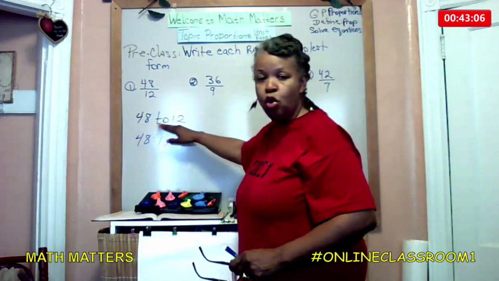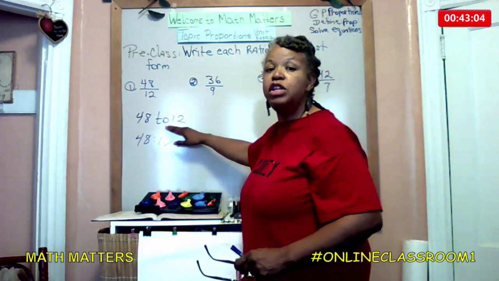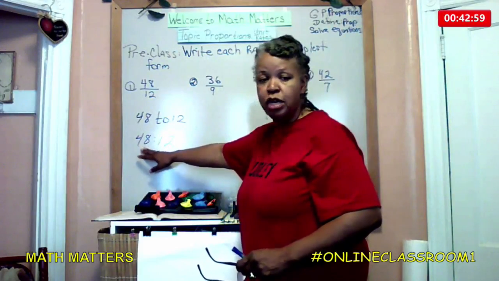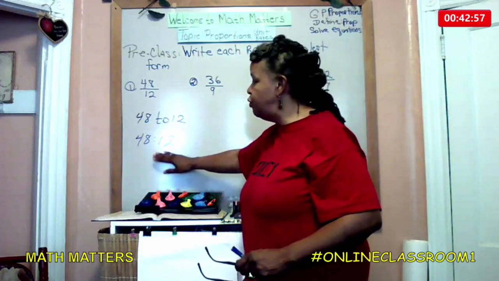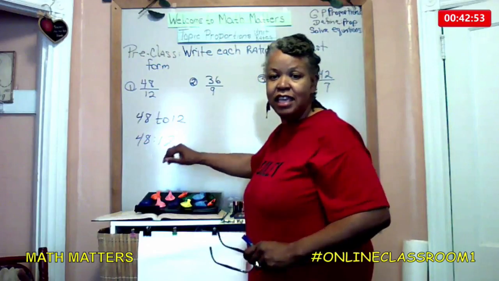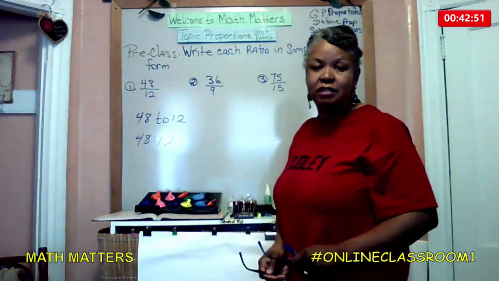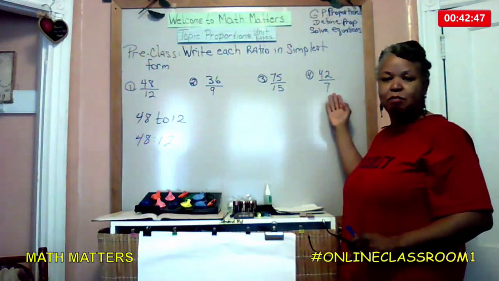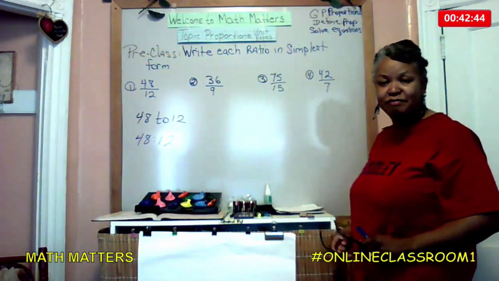If it's written in word form, then you'll reduce it in word form. If it's written with the colon, you'll reduce it with the colon as your answer. All right, let's give you 2 minutes to get these 4 ratios in simplest form. Let's go.